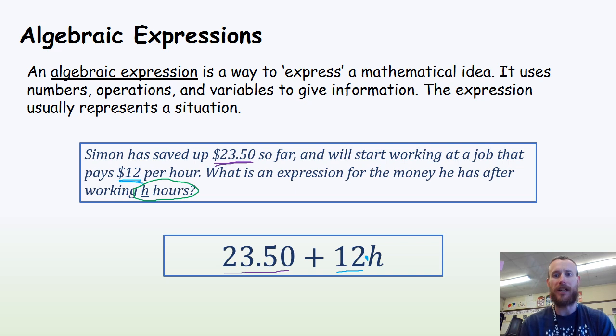One other thing you might notice is that this dollar sign here, we don't really include that in the expression. It's a little bit awkward to include a dollar sign in the expression, so we just kind of leave that out. So let me just get rid of these. 23.50 plus 12h. Let's move on.